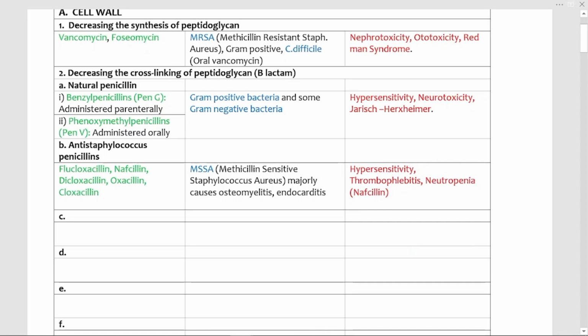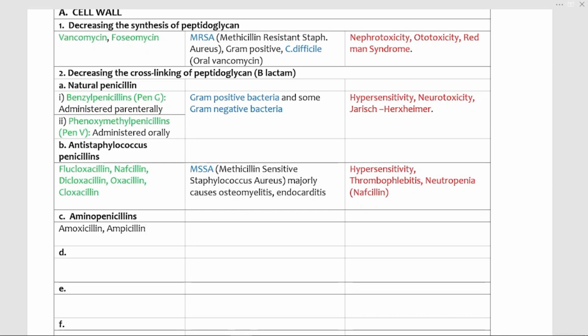So another group of beta-lactam antibiotics that you have to tackle is the aminopenicillins. Let me just correct the spelling. Aminopenicillin. So the two major drugs that fall under this category are amoxicillin and ampicillin.